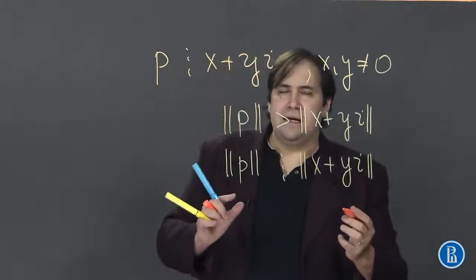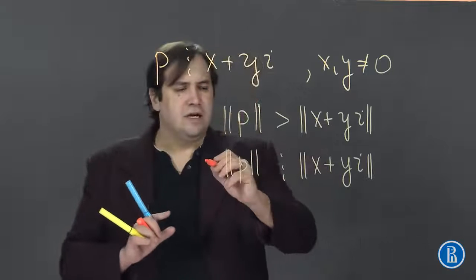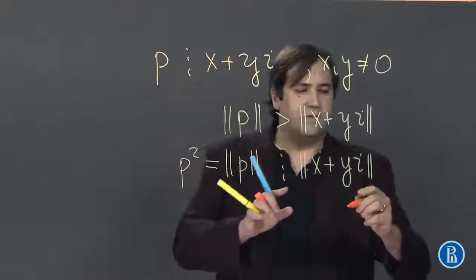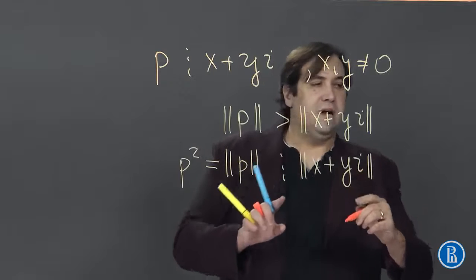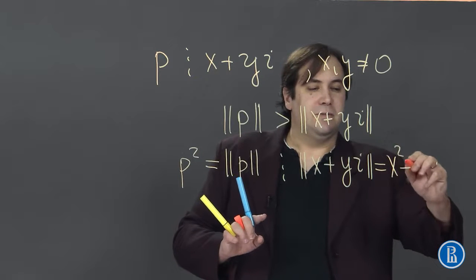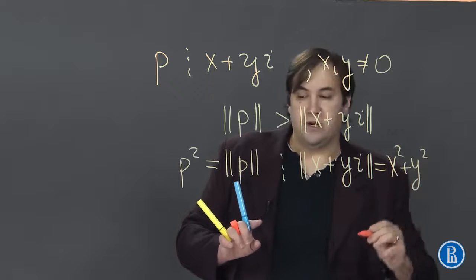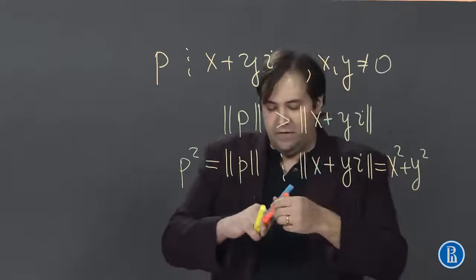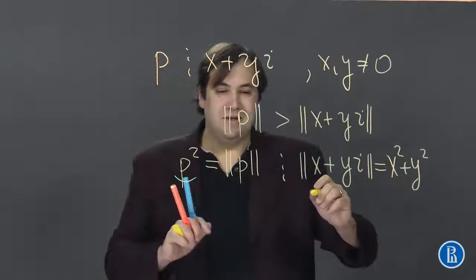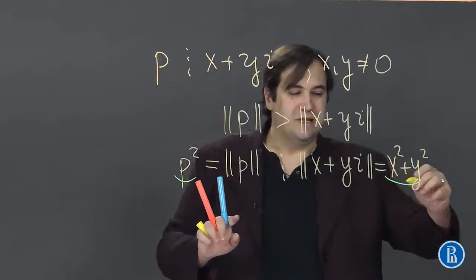The norm of p as a complex integer is equal to p squared. The norm of x plus y i as a complex integer is equal to x squared plus y squared. So we have p squared divisible by x squared plus y squared.